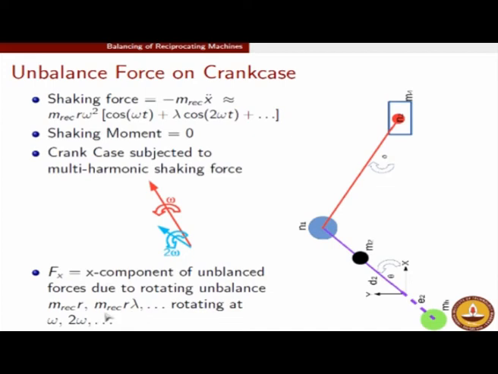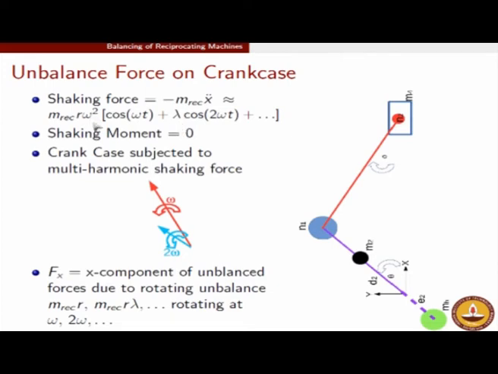So either you can say that the primary force m rec r omega square cos omega t is a rotating unbalance in the x direction, the magnitude of unbalance being m rec r, and it is rotating at the speed of omega. Similarly, the secondary unbalance, which is m rec r times lambda, but it is rotating at 2 omega.